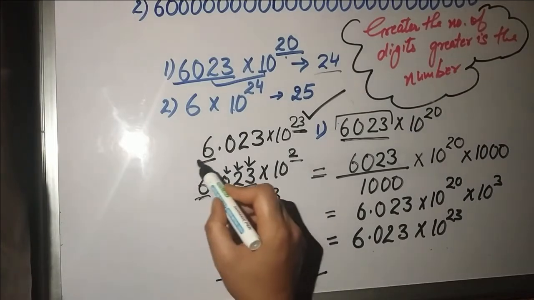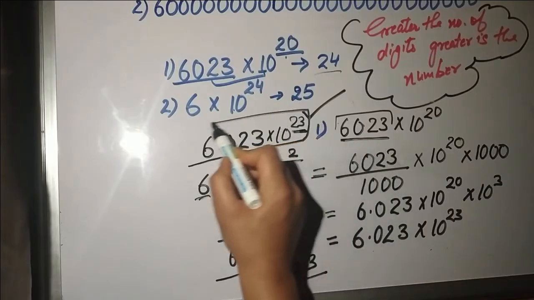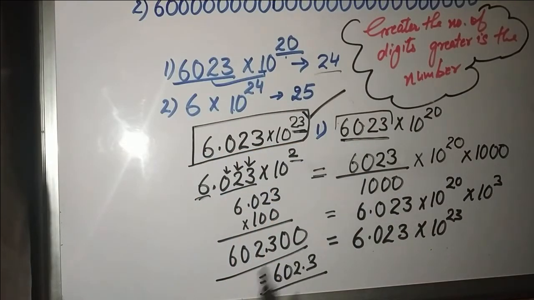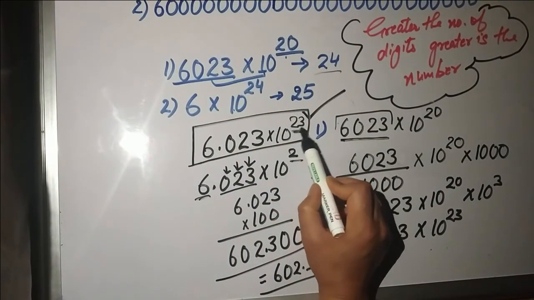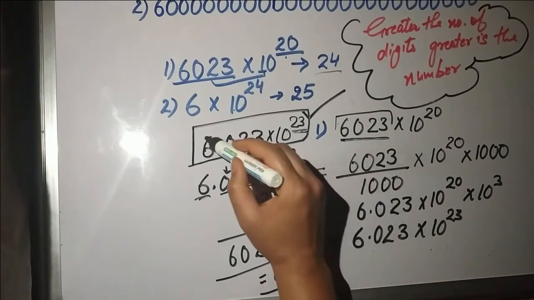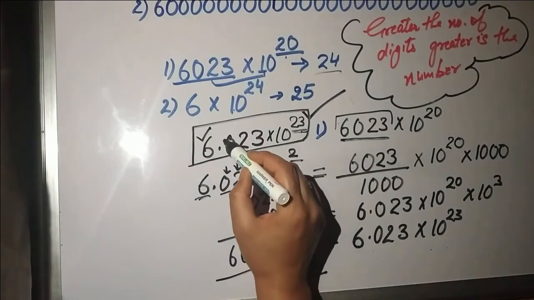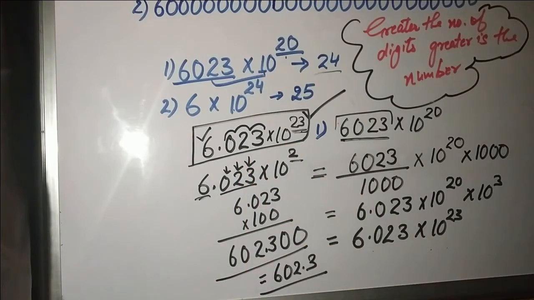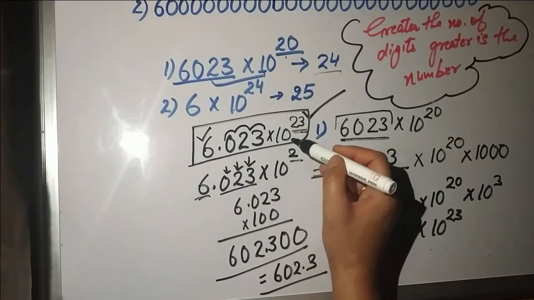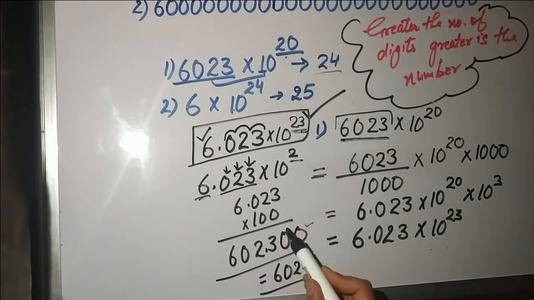Okay. So if we have a number in this format, how many digits are there? 23 and 1 is 24. Because if you count them, you can say, ma'am, these are 3 digits, so there should be 3 more digits. But on the other hand, these also reduce the zeros. These zeros got cancelled.